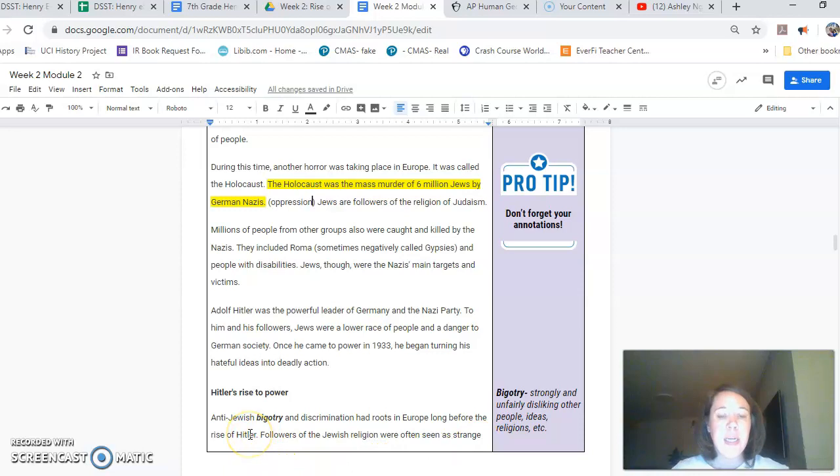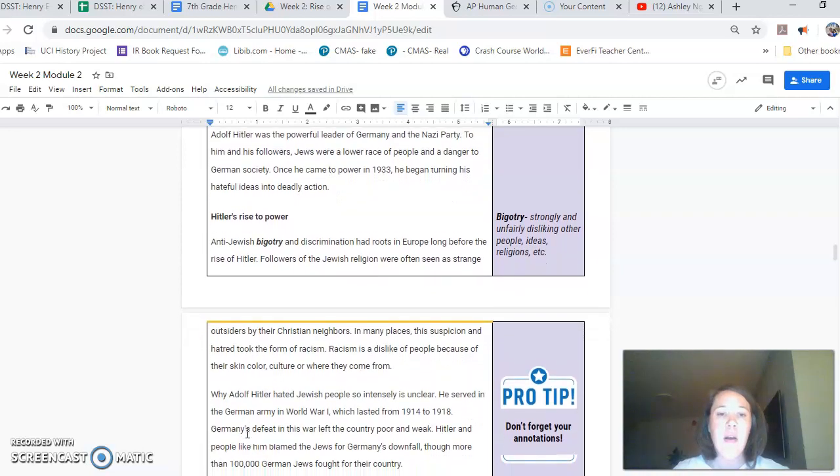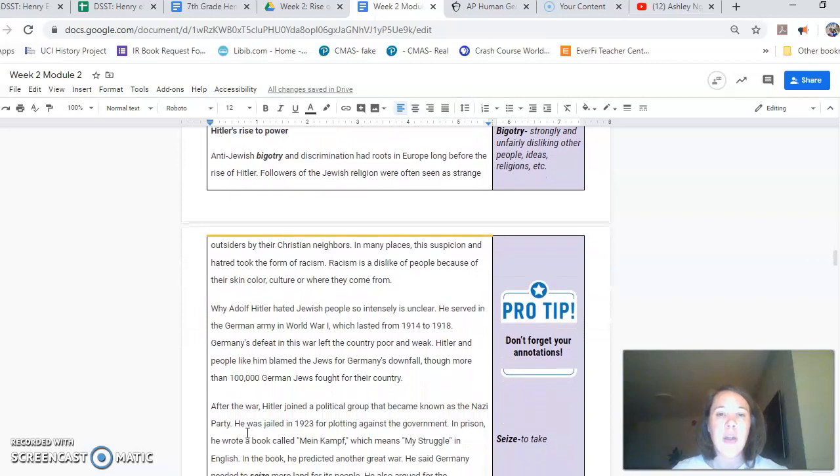Anti-Jewish bigotry and discrimination had roots in Europe long before the rise of Hitler. Followers of the Jewish religion were often seen as strange outsiders by their Christian neighbors, and in many places the suspicion and hatred took the form of racism. Racism is a dislike for people because of their skin color, culture, or where they come from.